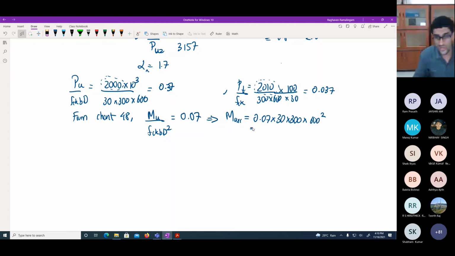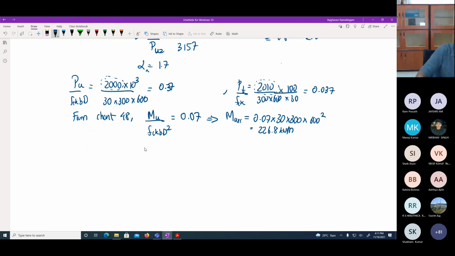Find out how much is Mux1. 226.8 kilonewton meter. Okay, we may be a bit tight.